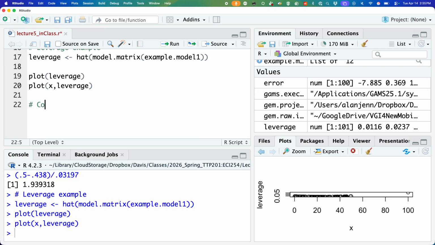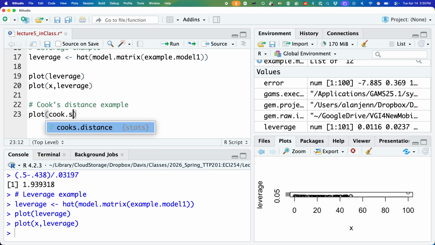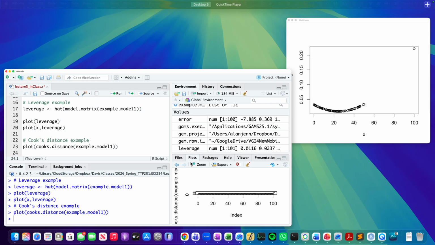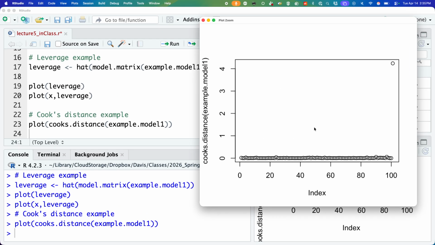The other one is Cook's distance. This is influence, and there's literally a function called Cook's distance, and we just put in our model. We can see what that looks like.